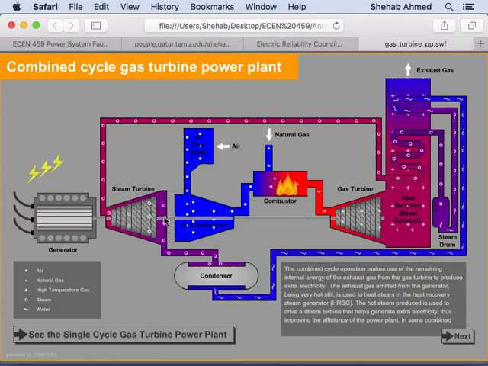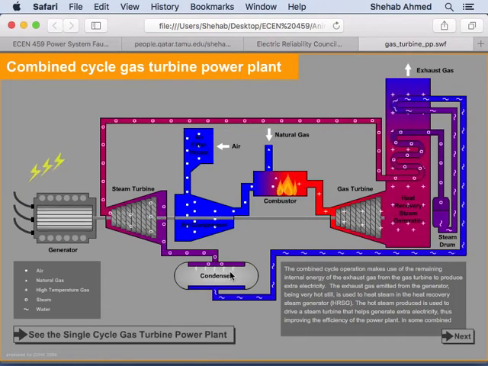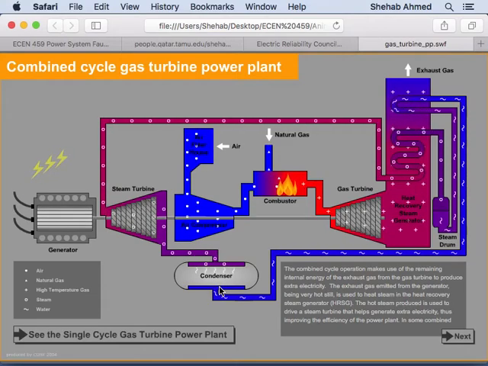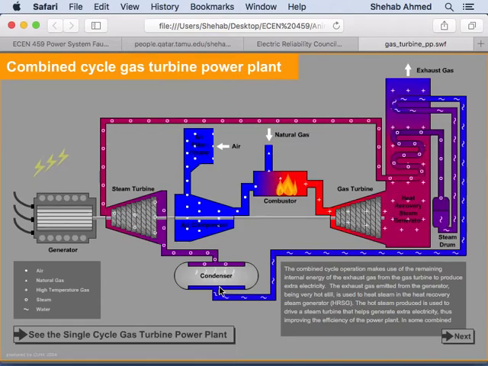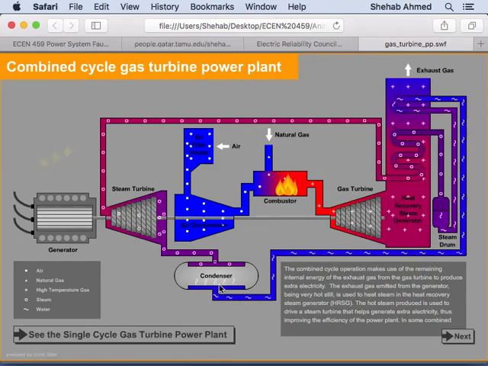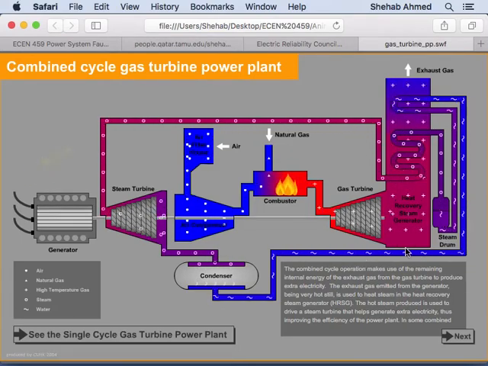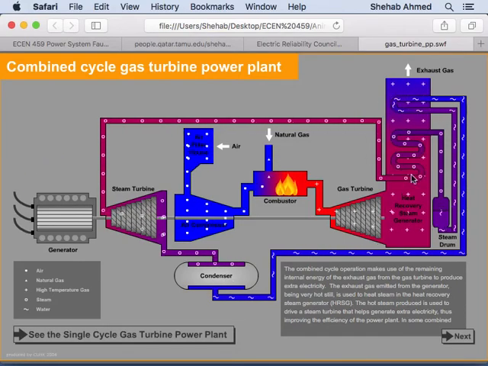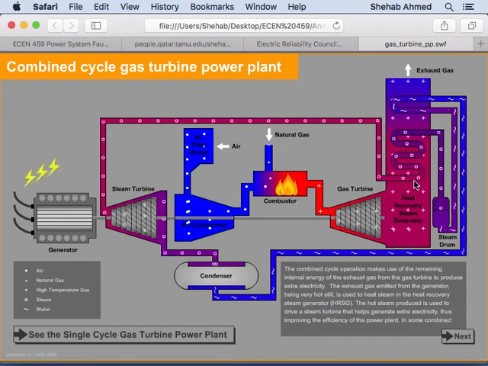So you collect that steam again and condense it in a condenser. You bring in water from the ocean, for example, and you cool it, so the steam condenses into water, and then you take that water and flow it back through this heat recovery system. You heat that water again, create steam, and so on and so forth, right?